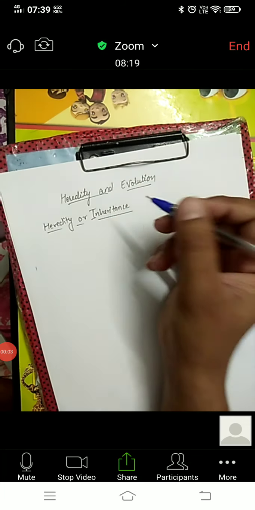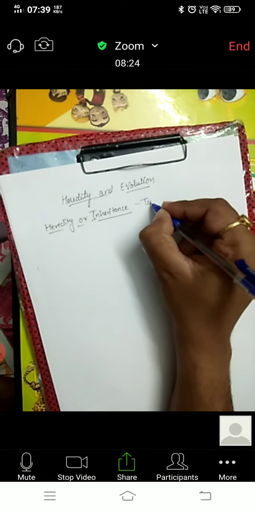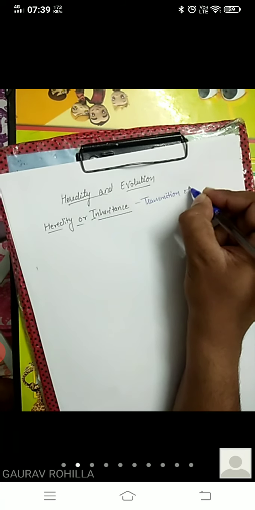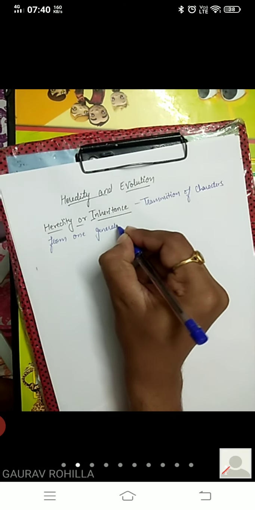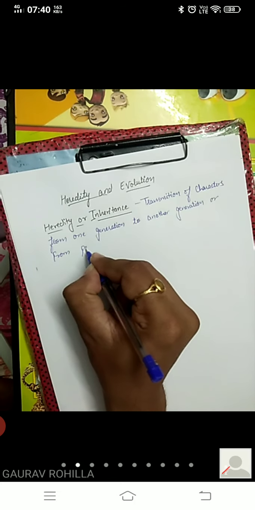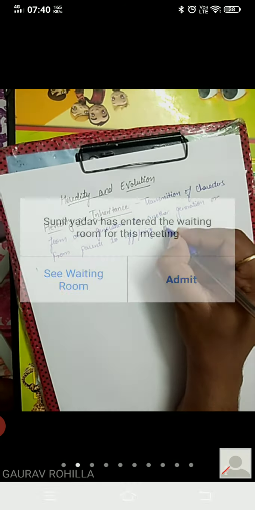Now in heredity and evolution, heredity or inheritance means transmission of characters from one generation to another generation, or from parents to offspring, is called heredity.